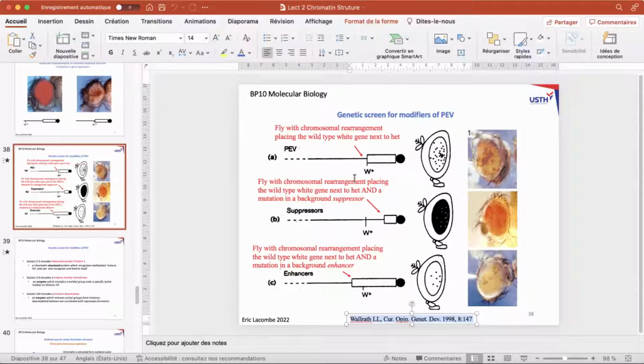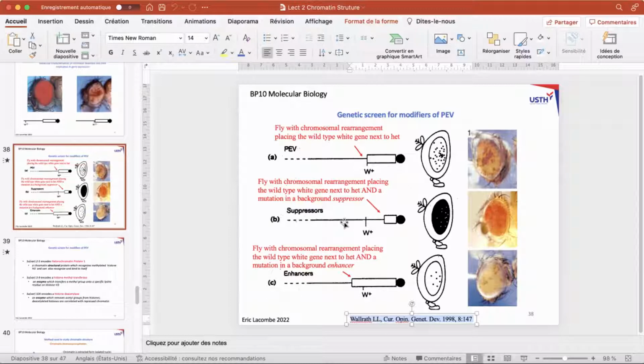Either a phenotype in which they suppress the phenotype, because you revert to the wild type, or another type of phenotype in which you enhance the phenotype. You've got almost completely white eyes. So when I say suppressor, it's the suppressor of the initial phenotype, and this is an enhancer of the initial phenotype. Is it okay for that?